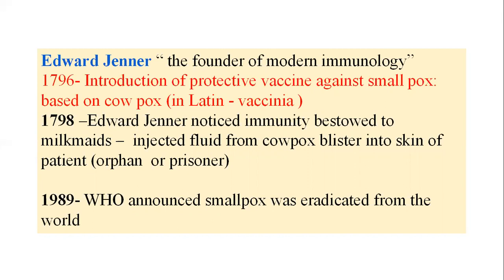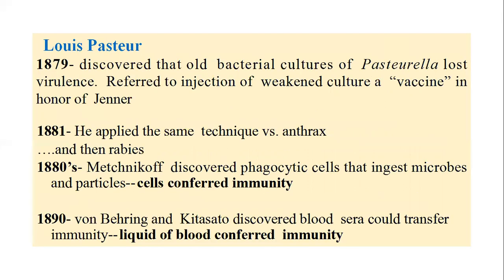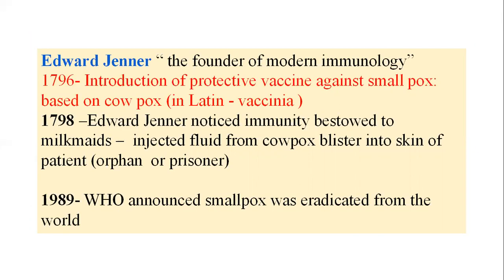The experimental work of Behring and Kitasato in 1890 gave the first insights into the mechanism of immunity. And for further insights, von Behring got the Nobel Prize in 1901.